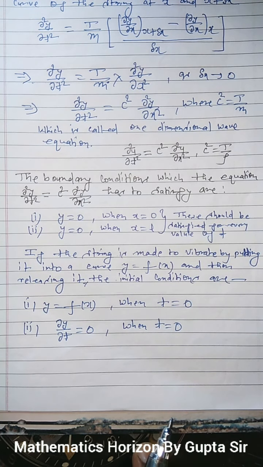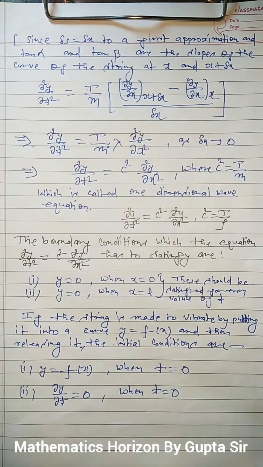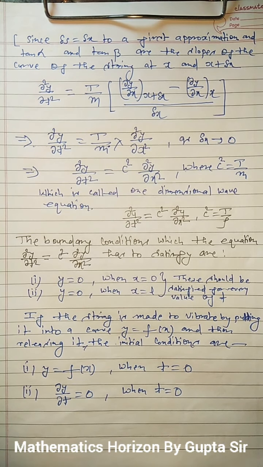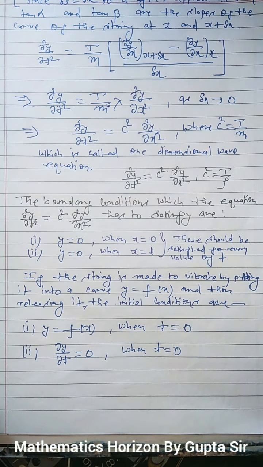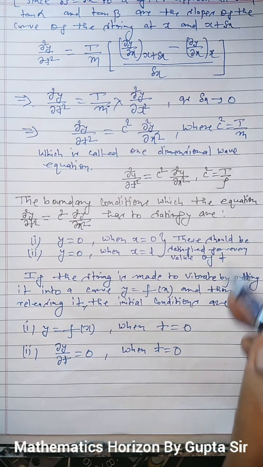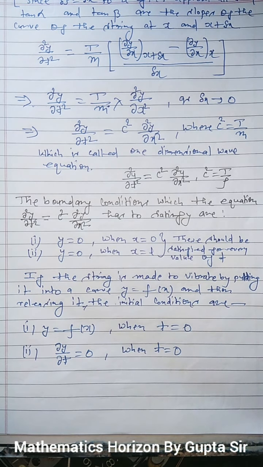These are the boundary conditions which the one-dimensional wave equation has to satisfy, and these four conditions are very important in every problem we will solve with the help of these conditions.